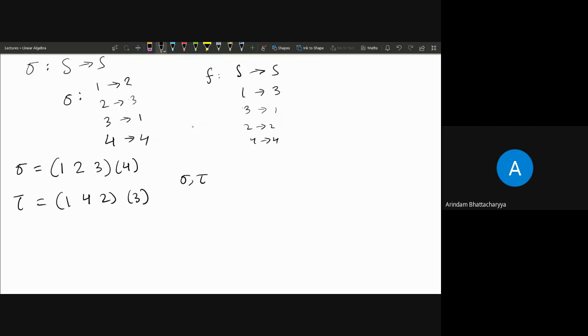Then sigma and tau are the same after one relabeling, right? They essentially have the same structure, a 3 cycle and a 1 cycle.